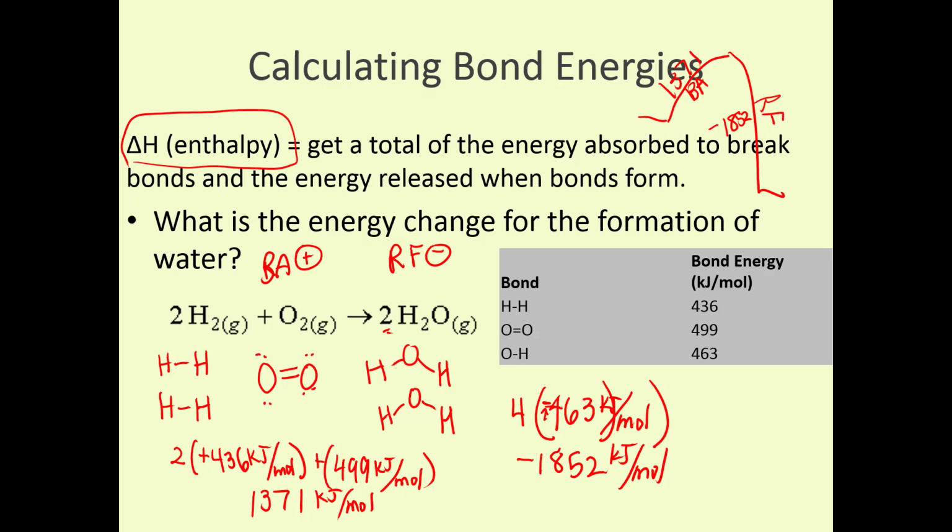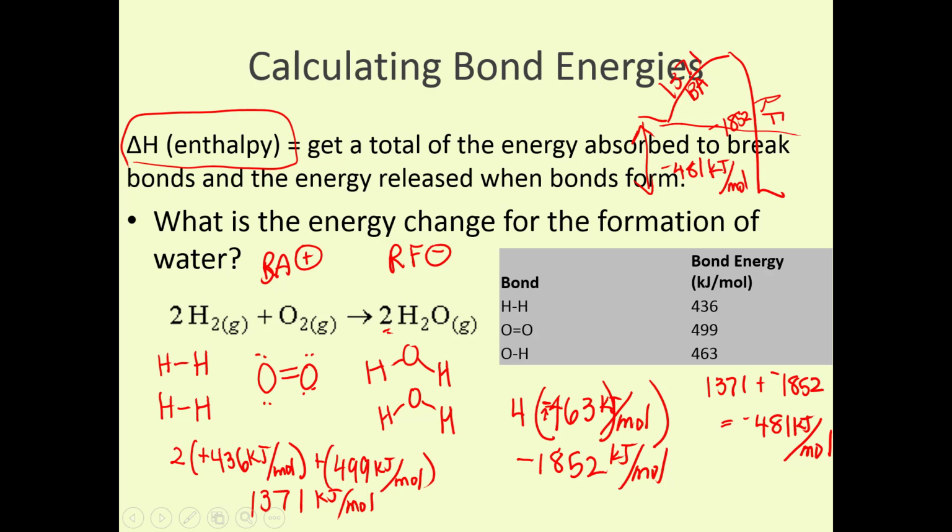So if we say 1371 plus negative 1852, we get negative 481 kilojoules per mole of energy. And so this difference right here is our negative 481 kilojoules per mole of energy. Okay, I'll do that again on the next screen.